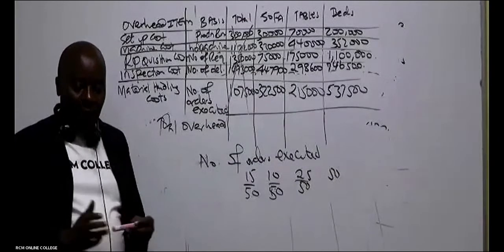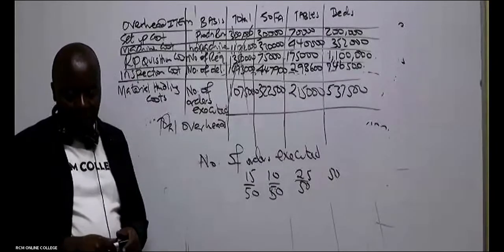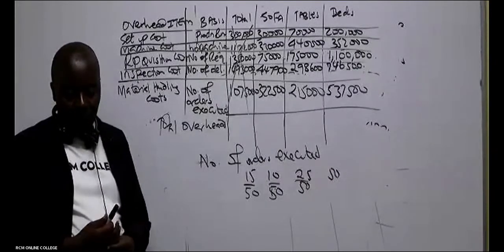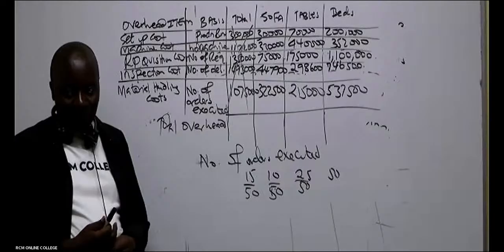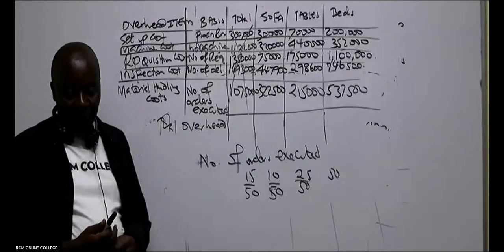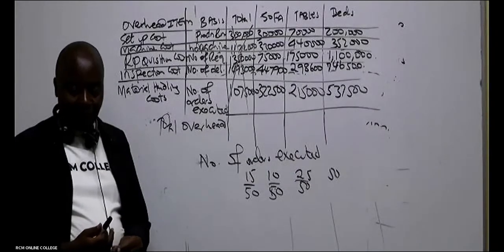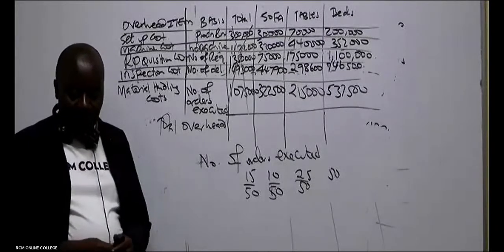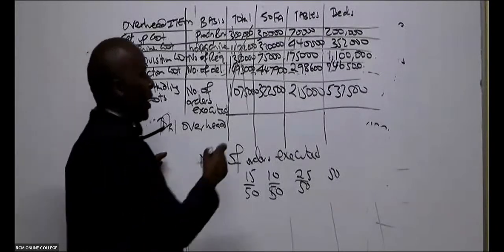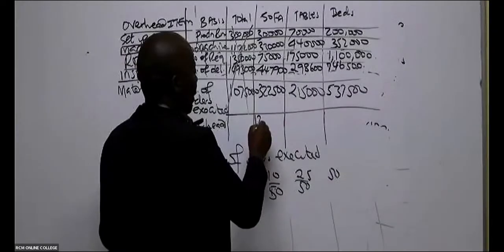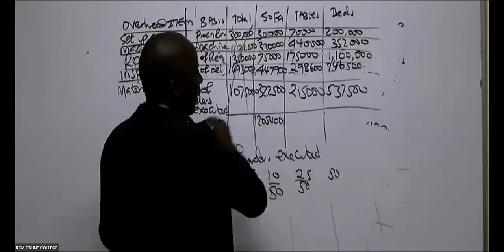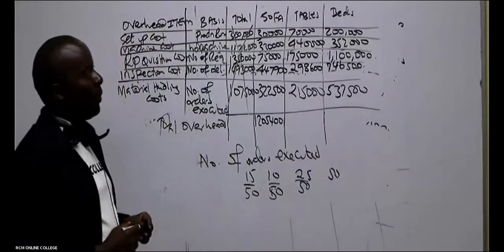For sofa, how much do we have there? 1,205,400. 1,205,400. Thank you so much.